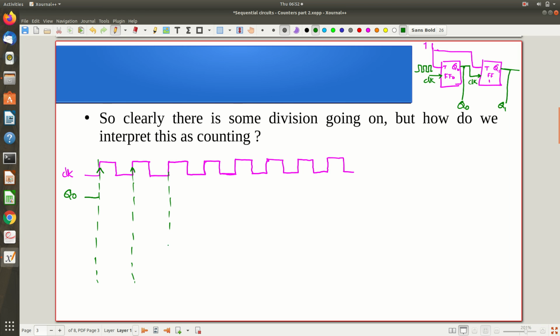So the flip-flops will be triggered only during the positive edge, or the rising edge, of the clock, right? That is what we know already.